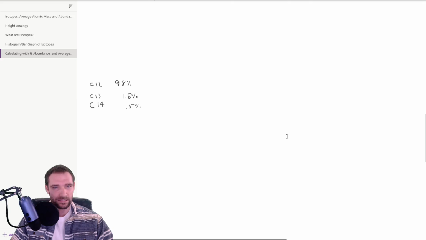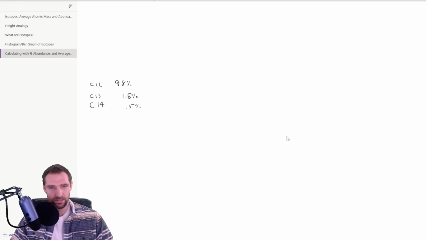So in reality, it's typically not like 70 and 30% and stuff like that. Most of the time it's going to be where carbon 12 is almost all of the sample. You have mostly one isotope and a couple other portions.